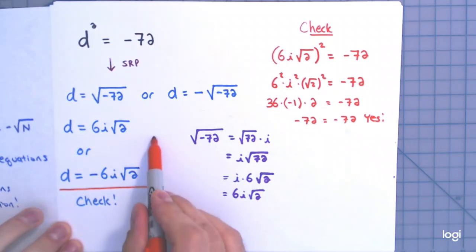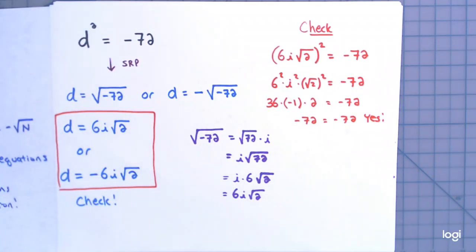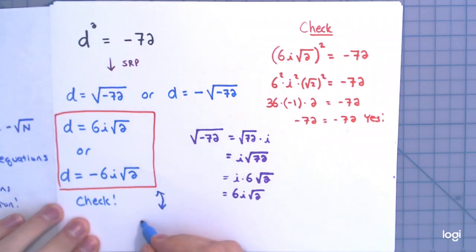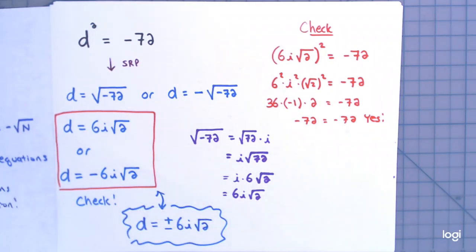So both of these are solutions, the values I can replace d with to make that a true statement. And again, you could also write this another way. You could say that the value of d could be replaced by positive or negative 6 times I times the square root of 2. This is also perfectly valid to write for this box statement.